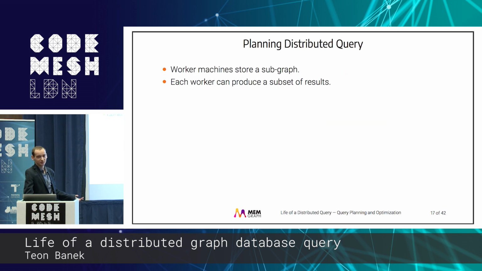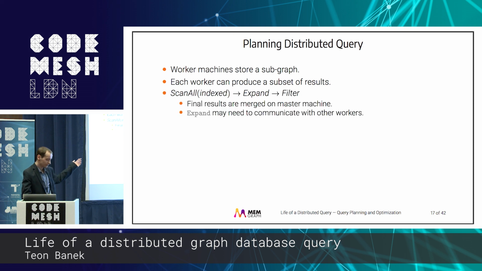Since this is a distributed context, we also need to account for distributed execution. So as I said, each worker will store a part of a graph. And we want to make each worker very busy with execution. So we want to give them as much as possible to execute on their own. So for example, with scan all, expand, filter, each worker can produce the whole execution.